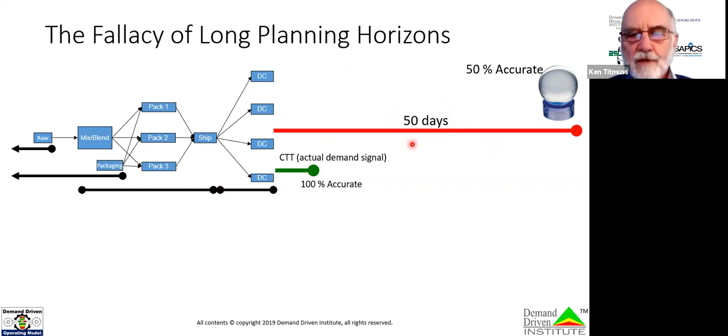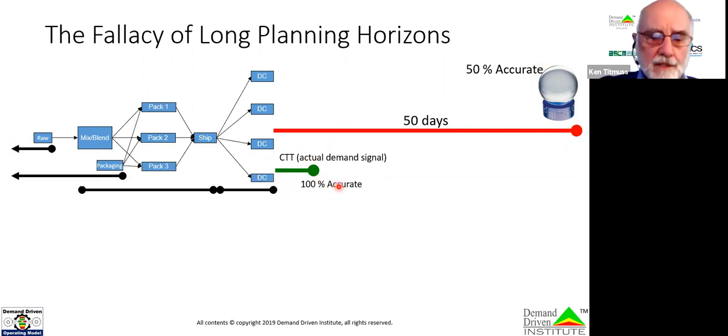I find in many manufacturing plants, we could be looking at 4 to 6 months for a cumulative lead time, and trying to determine what it is we're going to be building in 4 to 6 months' time, because today we need to order the raw materials down here, where our customer tolerance time is very short. It may only be a day or two, or maybe a week or so, but it's very, very short.